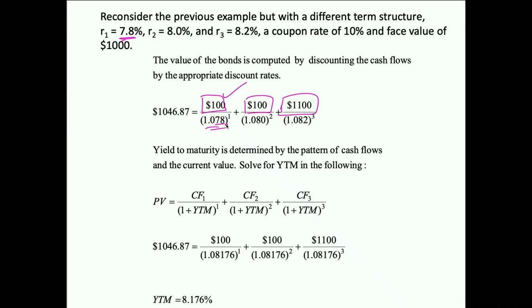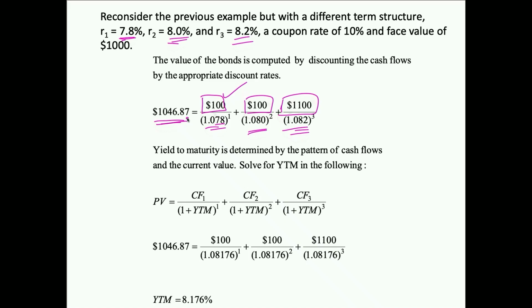See that matches here? The second 100 is going to be discounted by R2. And then the third, the 1,100, remember that's the cash flow 3 years from now, is going to be discounted at 8.2%, so 1 plus R to the third power, where that R is 8.2%. So this is review, which we've done in the previous slides. And when you do that, take my word for it, you get a value for the bond of 1046.87.